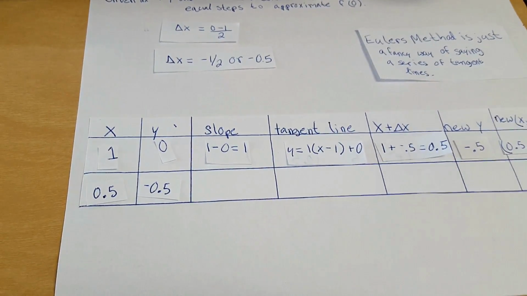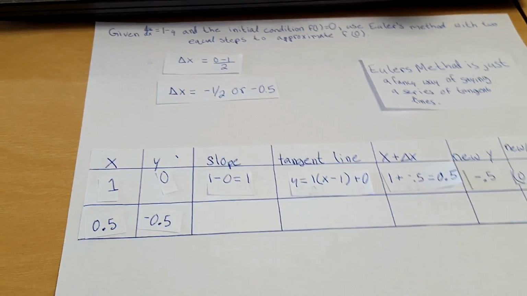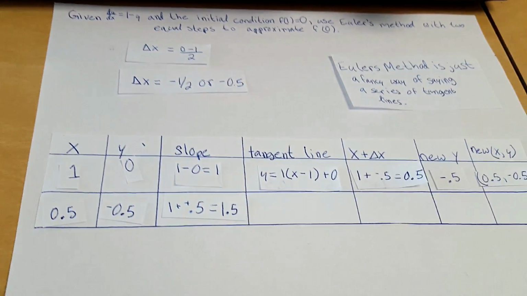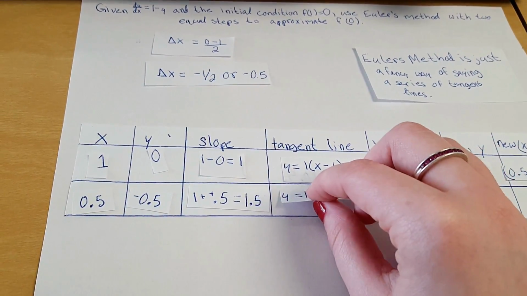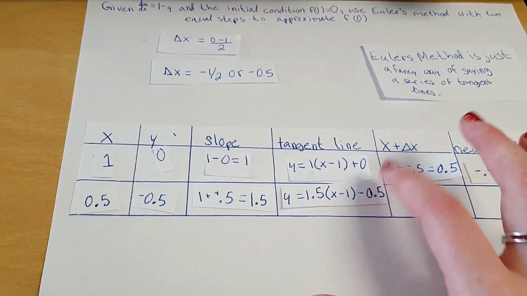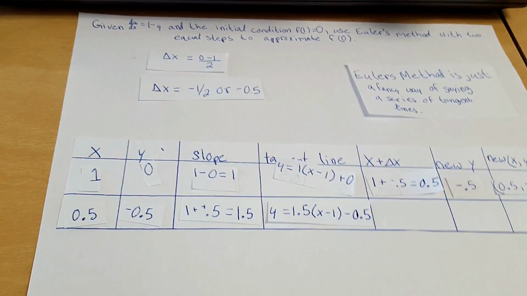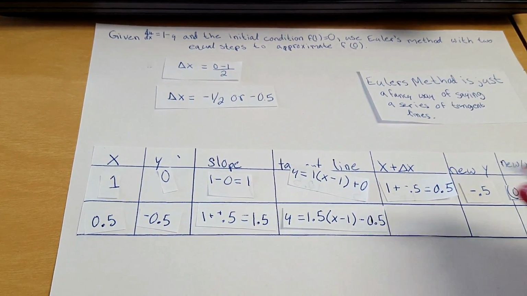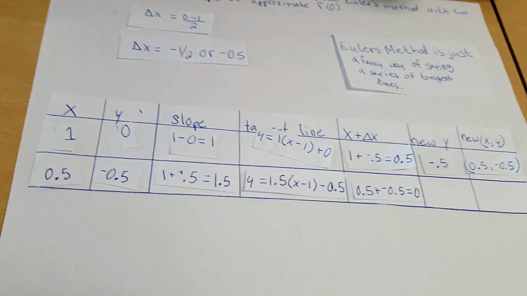So the slope, again, you plug it into the 1 minus y, so you have 1 minus negative 0.5 or 1 plus 0.5. And then the tangent line, you plug into point slope form, everything that we have so far. And then x plus delta x is 0.5 plus negative 0.5 or minus 0.5, which gives you 0.